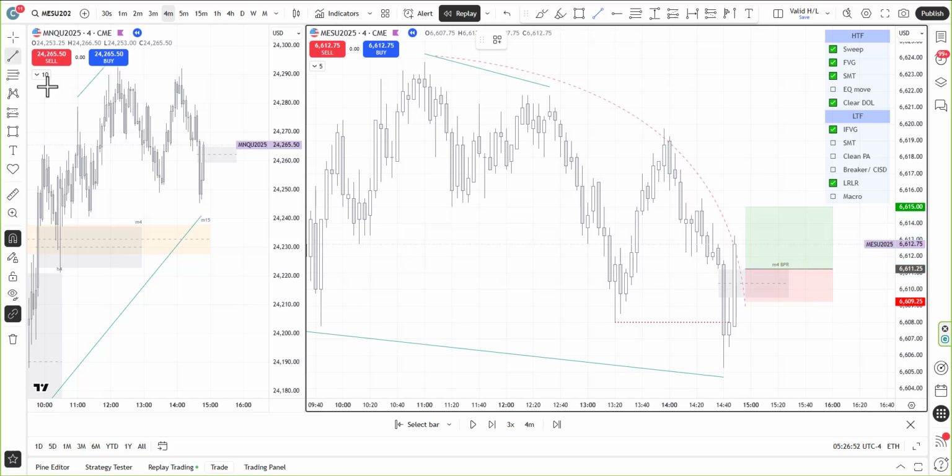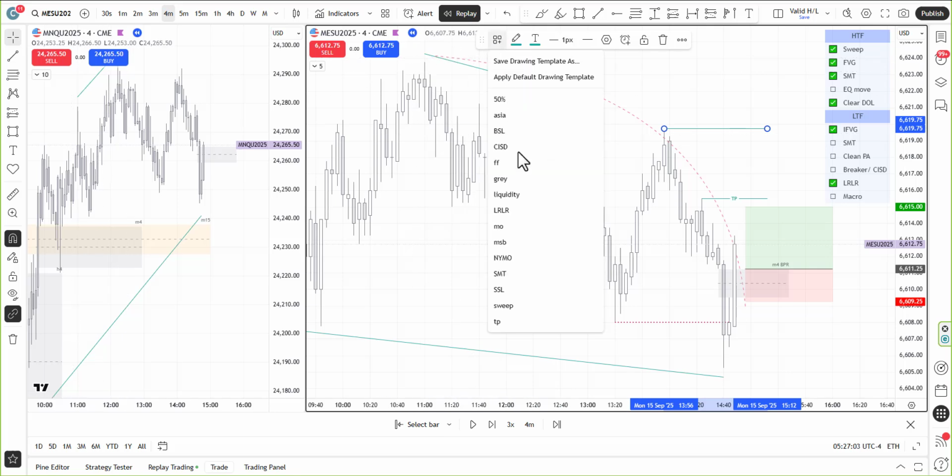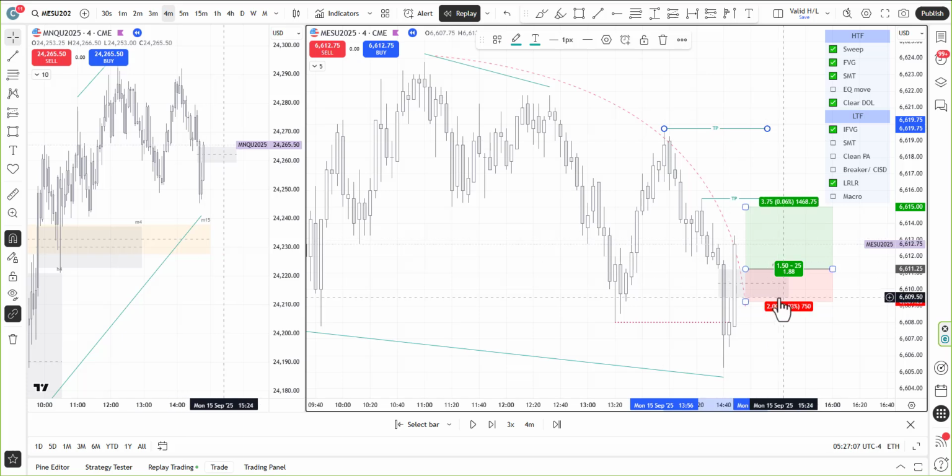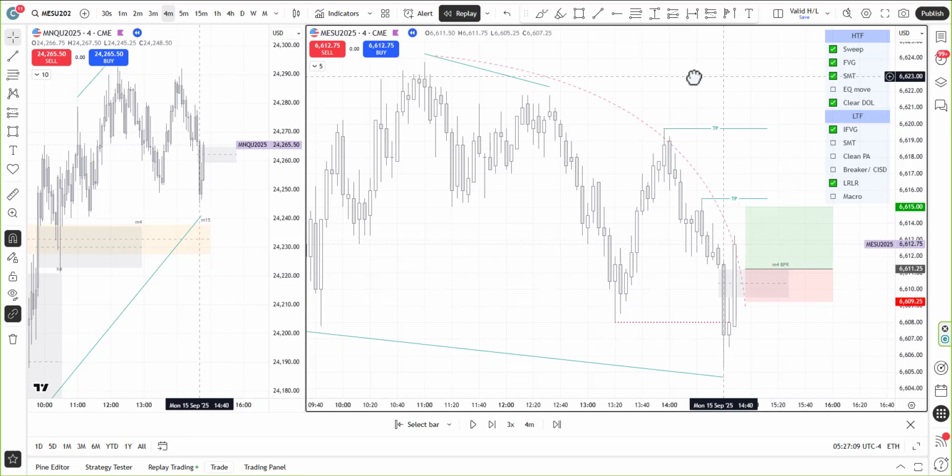And I have a couple of clear levels here. I have this level as a target. I have this level as a target, and if you have a runner, then you can try to take it all the way to the top.